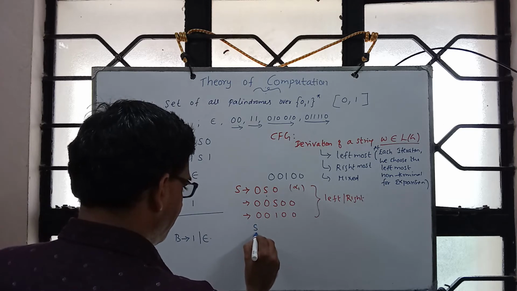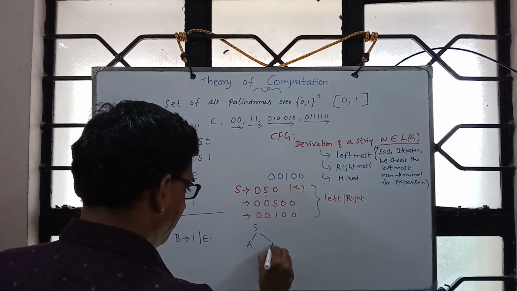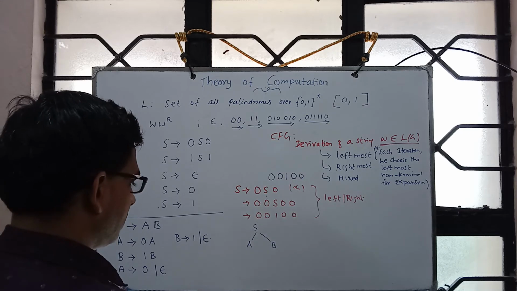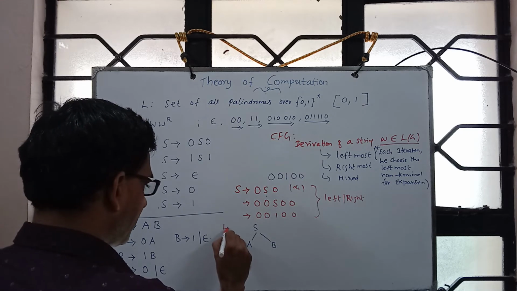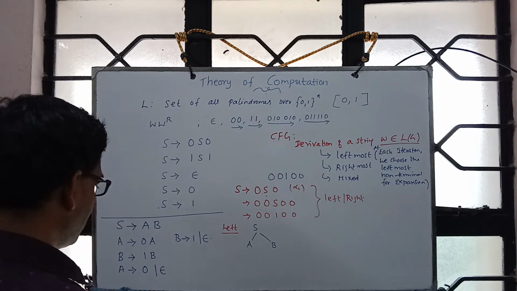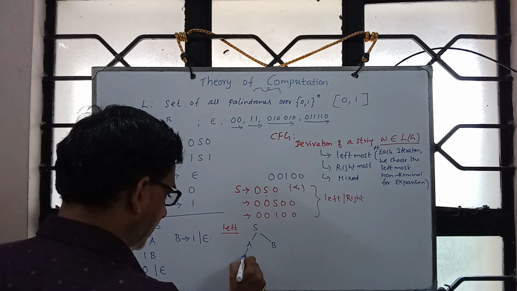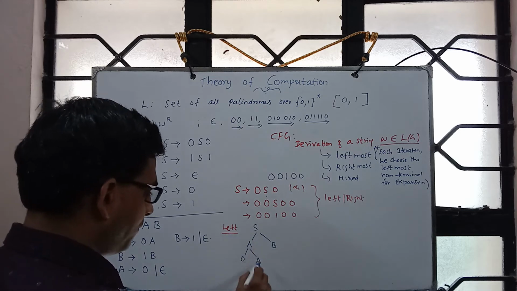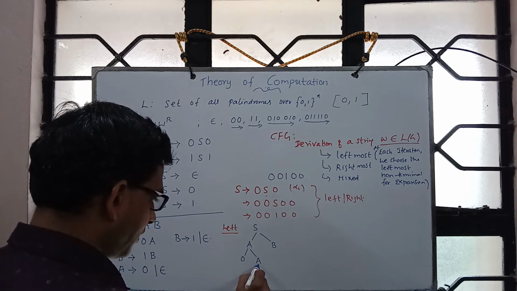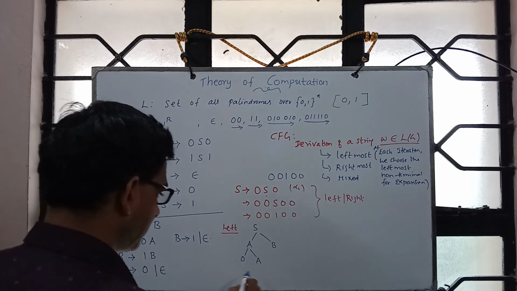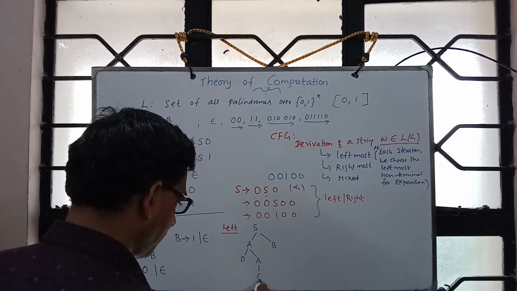Now S implies AB. Now you have two non-terminals. Supposing we go for leftmost derivation, I need to choose this. Then this becomes say 0A. Now if I follow leftmost derivation, I should choose this and then complete. Let's assume we choose epsilon for this, so we get this.